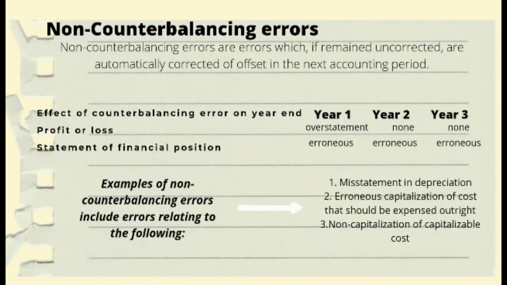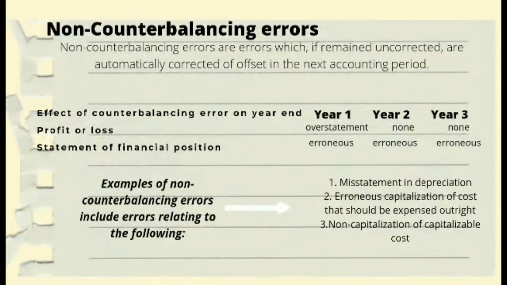Non-counterbalancing errors. It is opposite to counterbalancing errors. Non-counterbalancing errors are errors which remain uncorrected, are not automatically corrected or offset in the next accounting period. So, effect of non-counterbalancing error on the profit or loss.